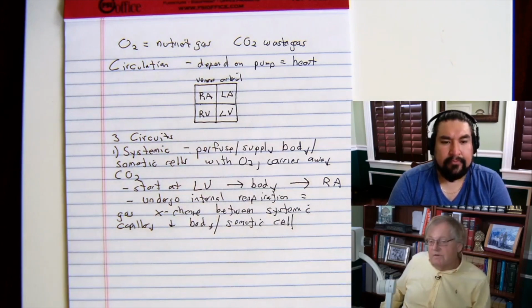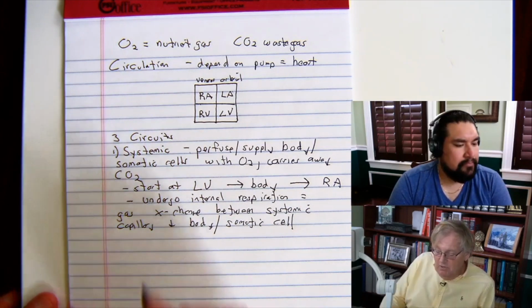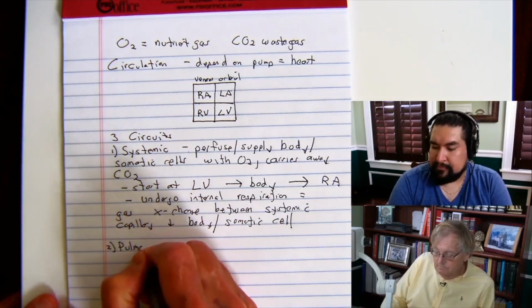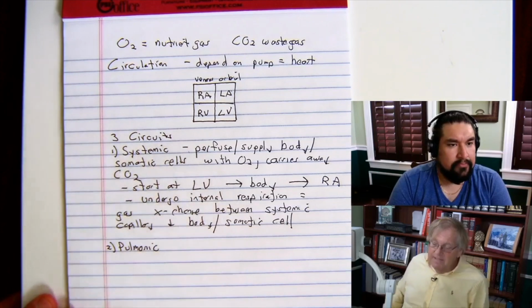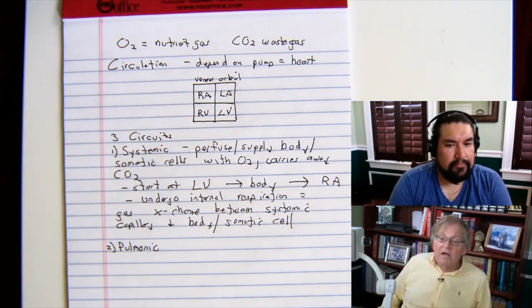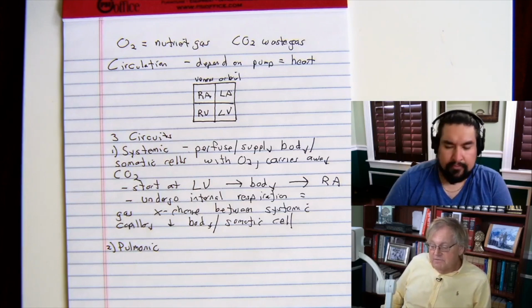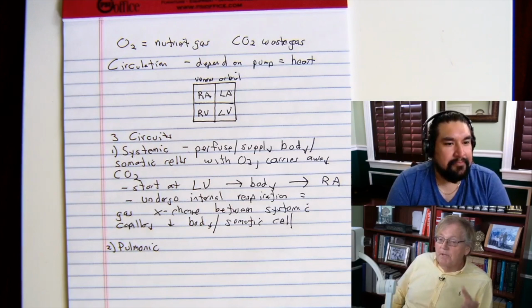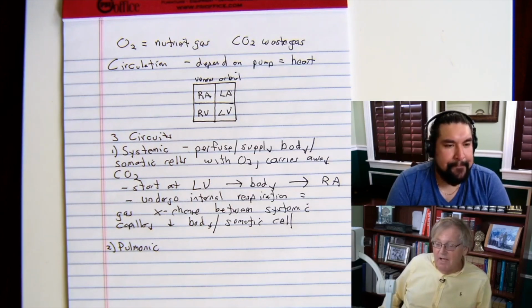The second circuit we're going to have is called the pulmonic circuit. The pulmonic circuit, now we're thinking of pulmonic, lungs, pulmonary. So what do you think the lungs are going to do? They're going to perfuse my red blood cells with oxygen.